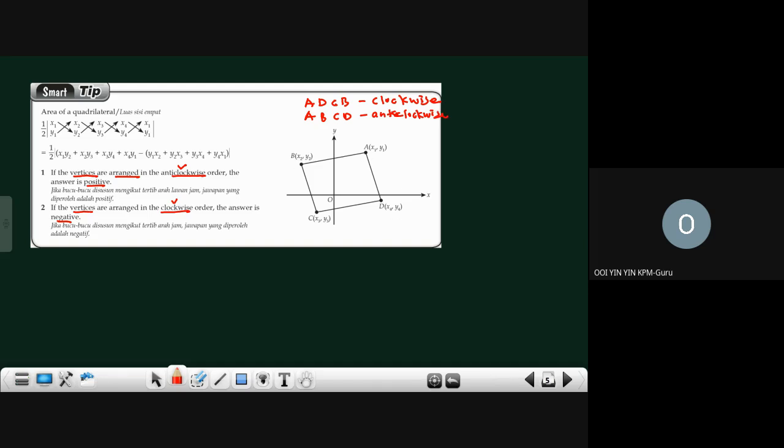Don't skip, like A first, and then C, and then B, and then D. If you write like this, then A to D, A to C, C to B, B to D, it will not give you a quadrilateral shape. So please don't skip and jump the points. You must follow the point sequence.